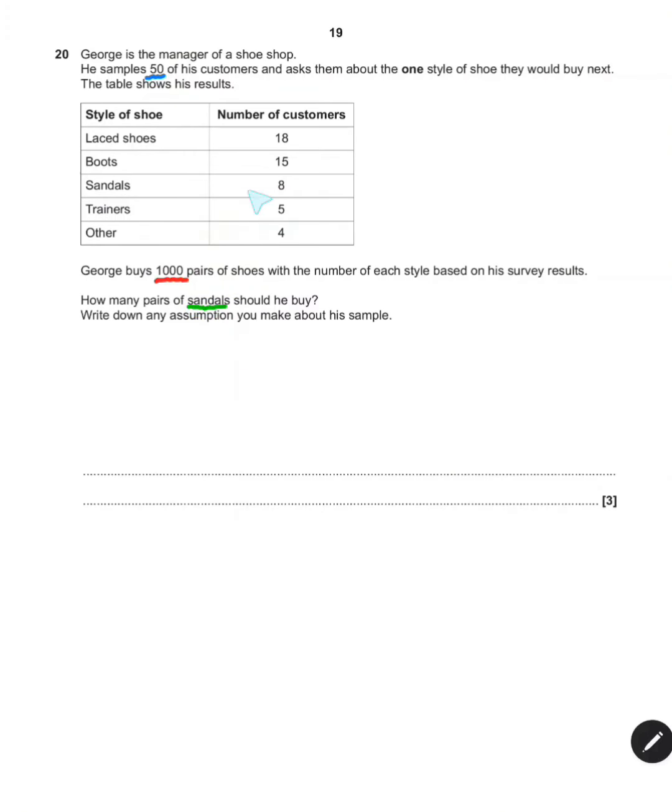If we go to the table, we've got 8 sandals, and that is out of the 50 customers altogether. What we're looking to do is turn this 50 into 1,000. We want to know how many out of 1,000 should be sandals. So I'm going to just write some equivalent fractions.